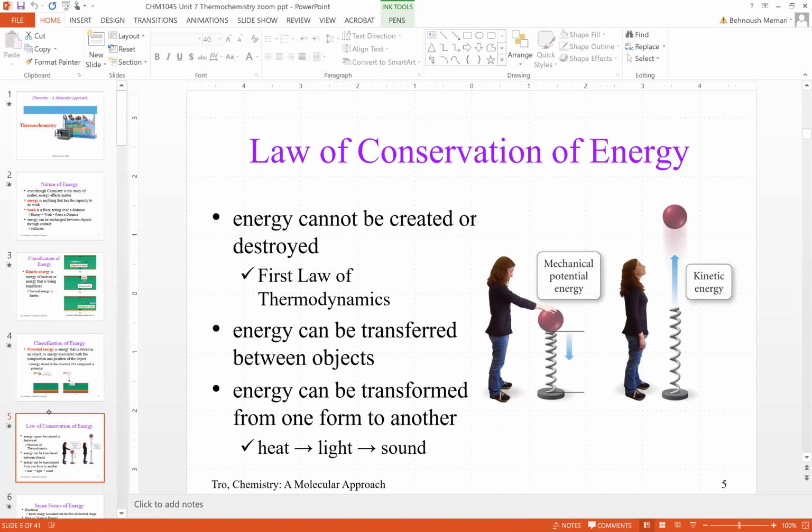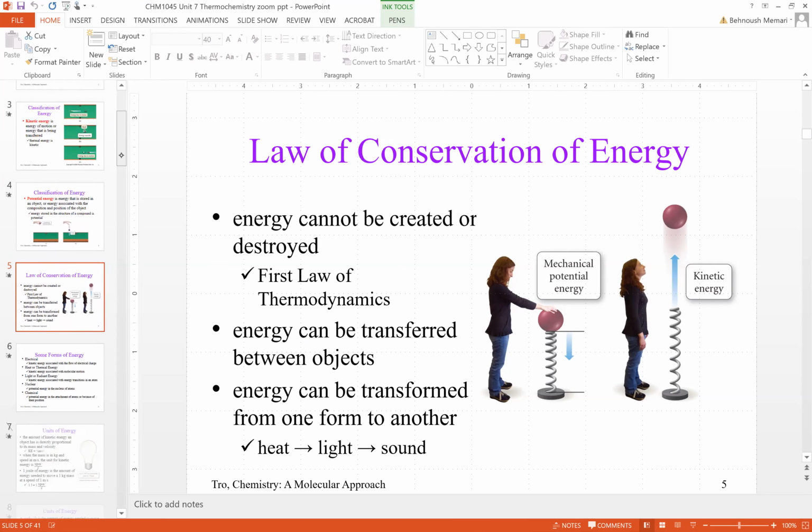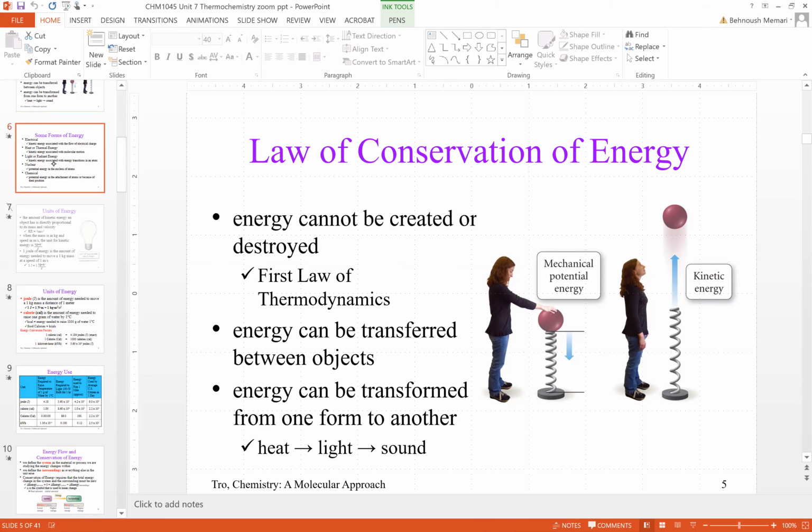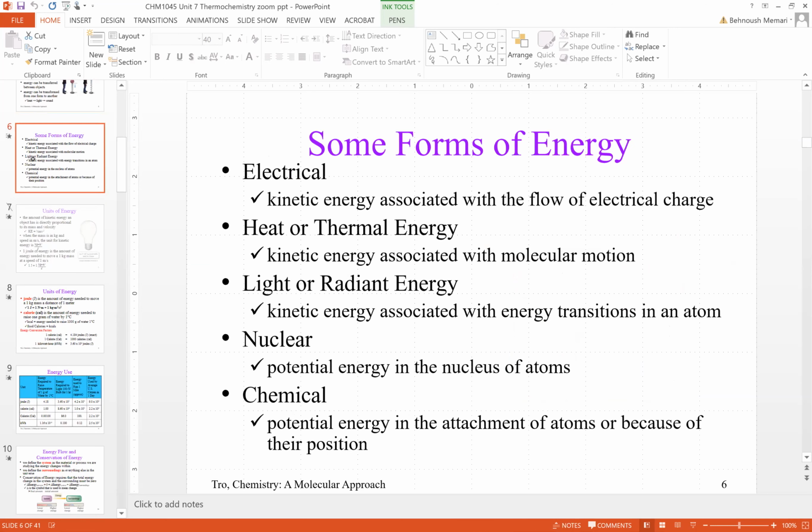The law of conservation of energy states that energy cannot be created or destroyed, and it can be transferred between objects. It can change from one type to another, from one form to another form as well. So heat, light, sound are all different types of energy that can go from one to the other.